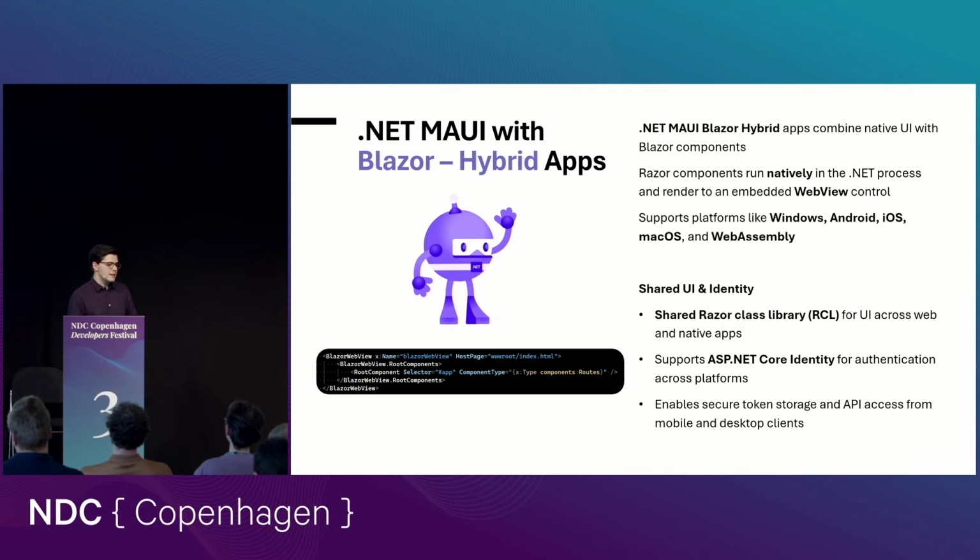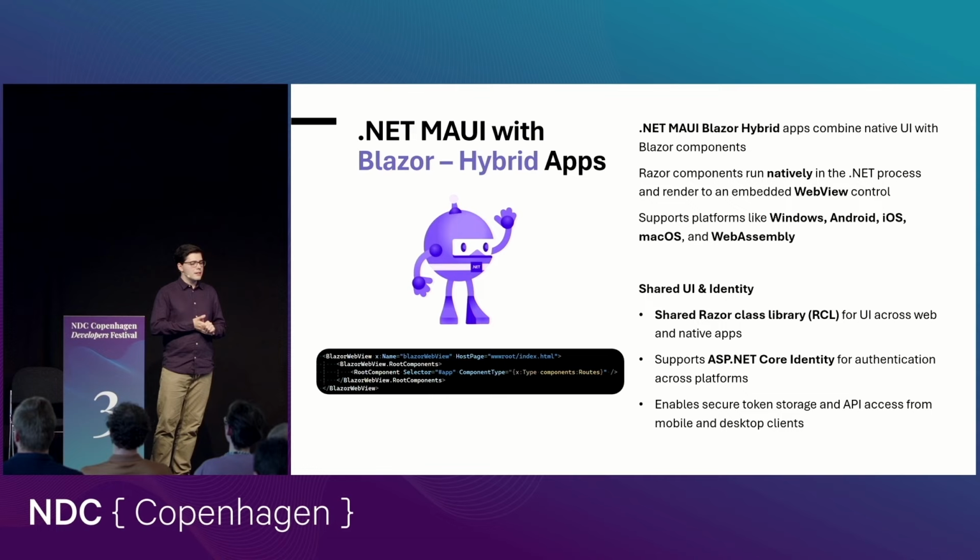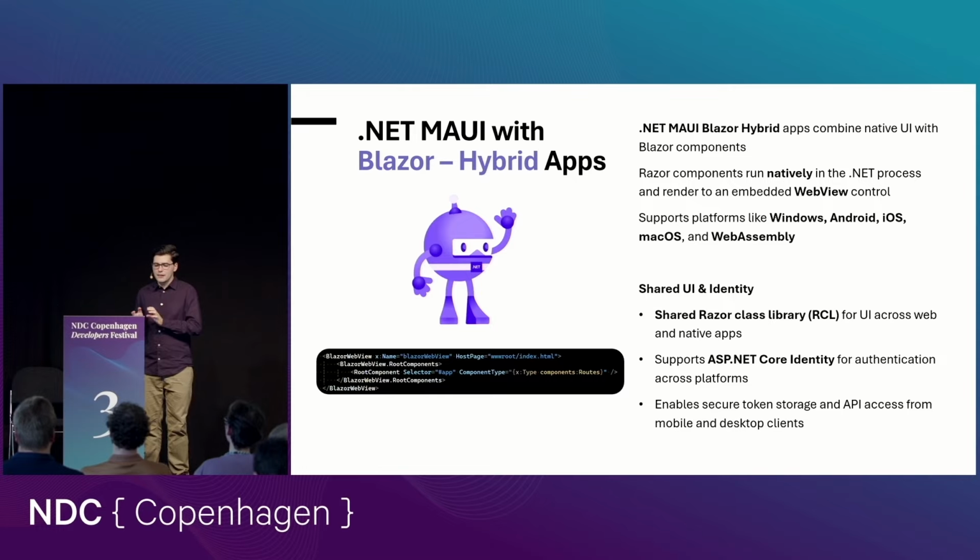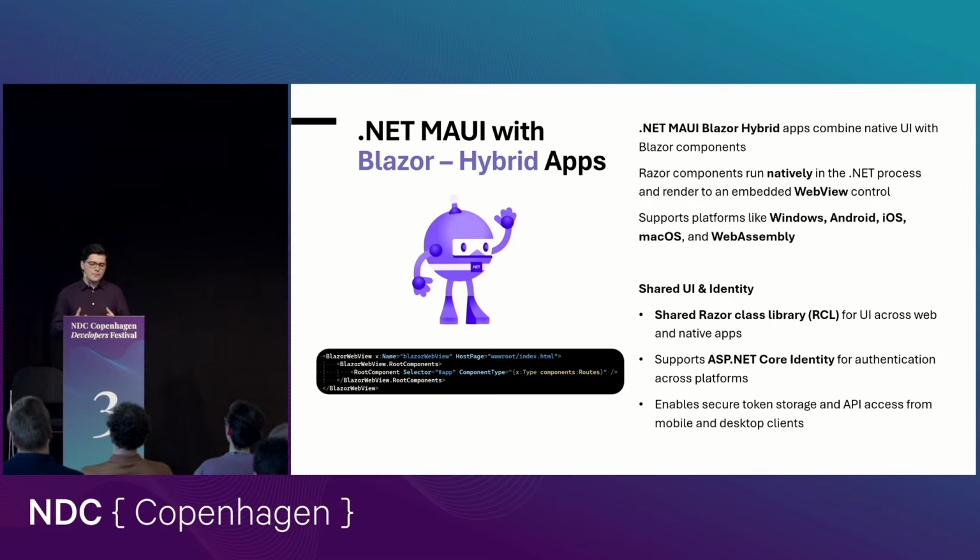So let's take a quick look at something a little bit similar to that, but under the same umbrella, with a slightly different result. That's called Blazor Hybrid. There are many different names.